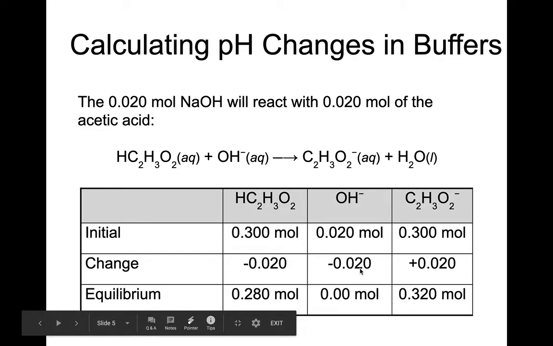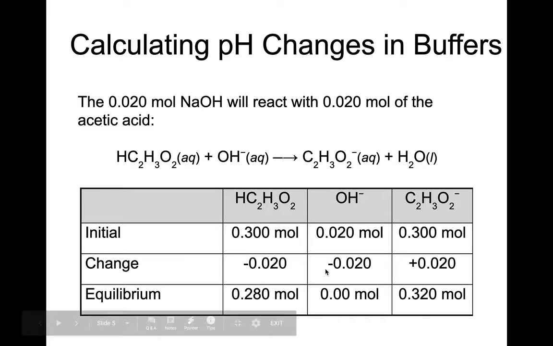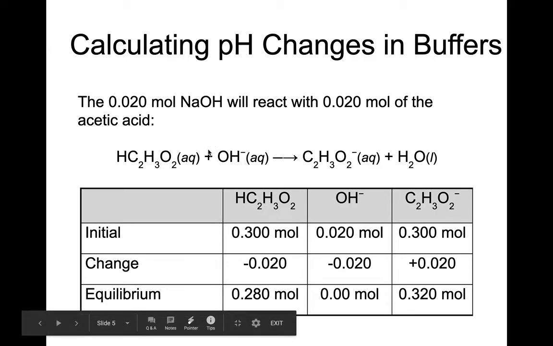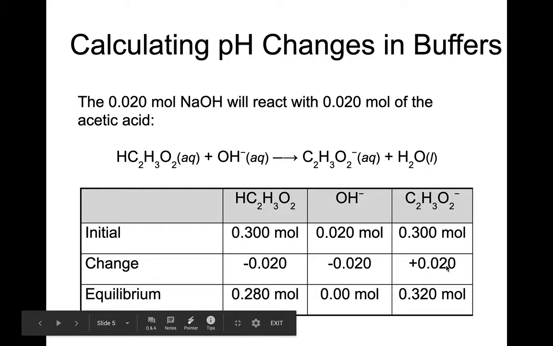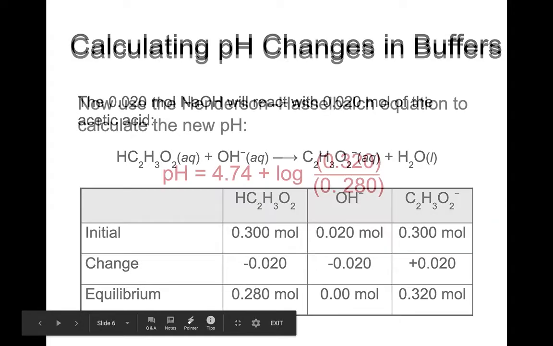So if 0.02 moles are reacted, stoichiometry from our balanced equation gives us the rest of these numbers. If we react 0.02 moles of hydroxide ion, we must also react 0.02 moles of acetic acid. If we react one of these and one of these, we produce one more acetate ion. So we produce an equal amount, 0.02 moles of the acetate ion, which means it's just a matter of addition and subtraction to get our equilibrium concentrations.